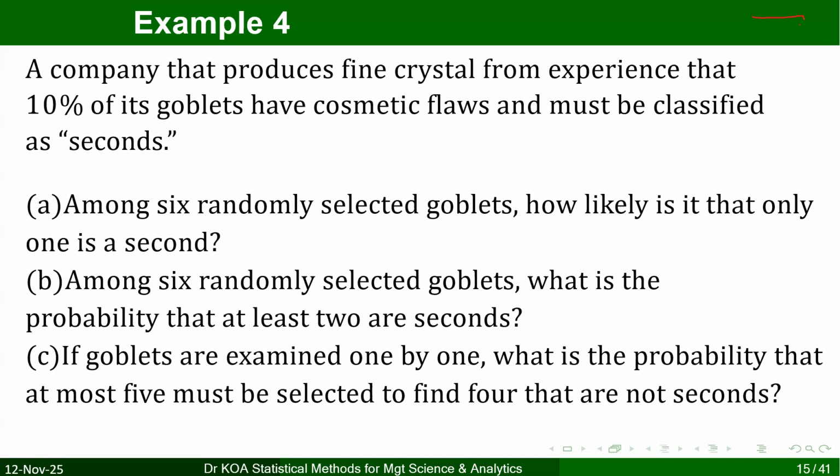He's told you that at most 5. Okay, now from that at most 5, he says that find 4 that are not seconds. Now you could easily find at most 5. But then at most 5, that means that you have all the way from 1 to 5. Yeah, but find the probability that 4, out of that 5, you got to select it in order to find 4 that are not seconds. So what are the 4 that are not seconds there?